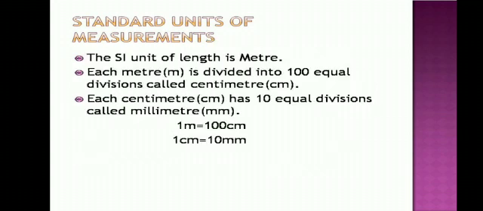Standard units of measurements. The SI unit of length is meter. Each meter is divided into 100 equal divisions called centimeter. Each centimeter has 10 equal divisions called millimeter. So, 1 meter equal to 100 centimeter, 1 centimeter equal to 10 millimeter.